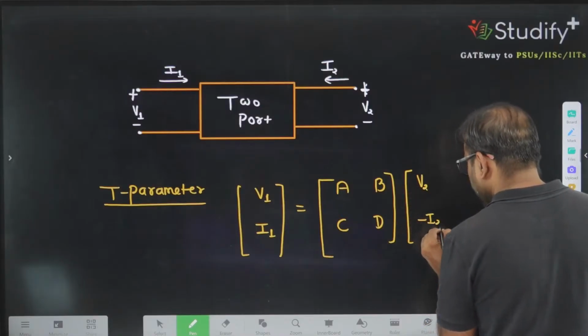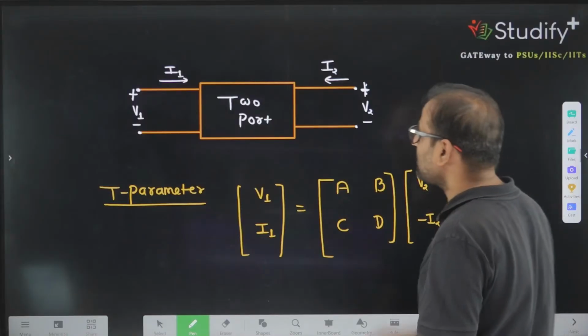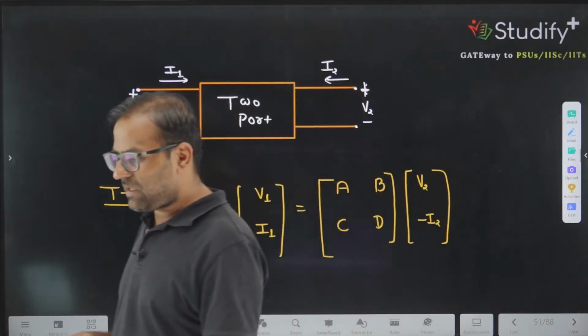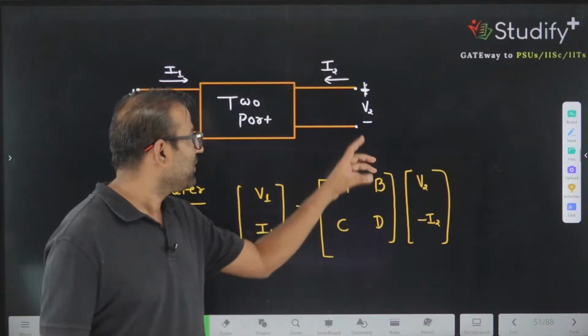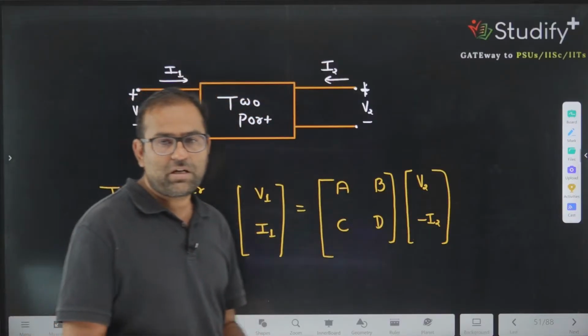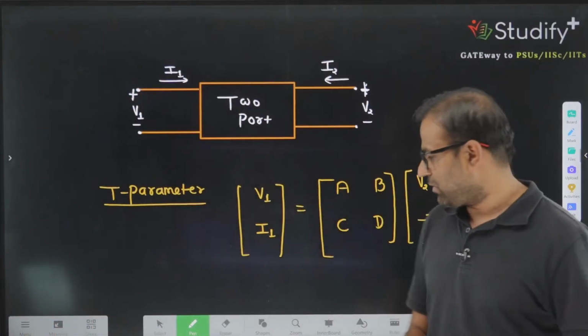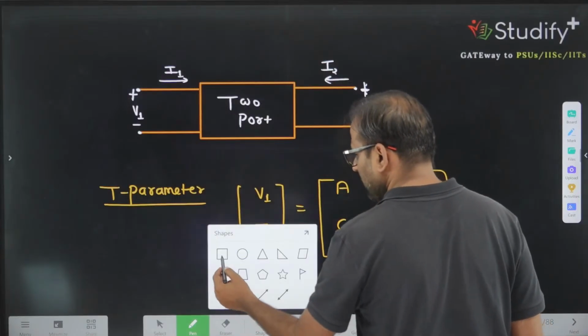Always remember, here the direction of current is not inside the network, it is going outside, but our parameter is defined for this. If this is our arrangement, we are taking the value of I2 as negative.